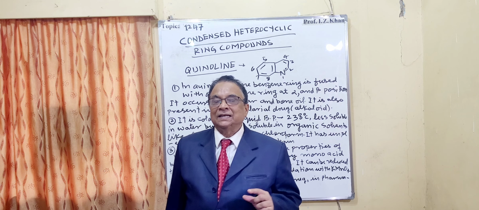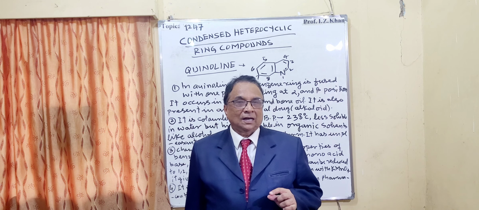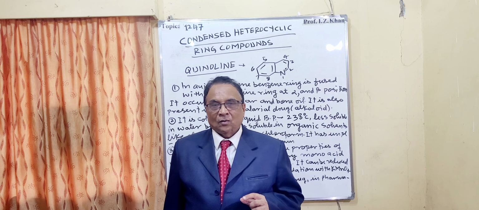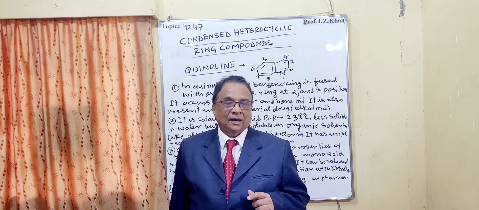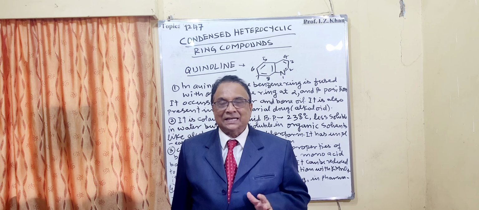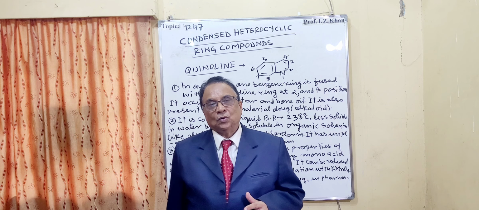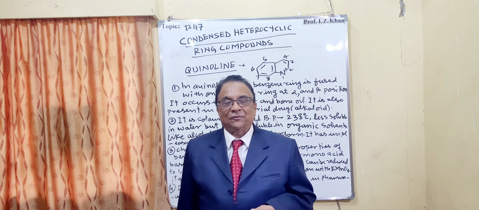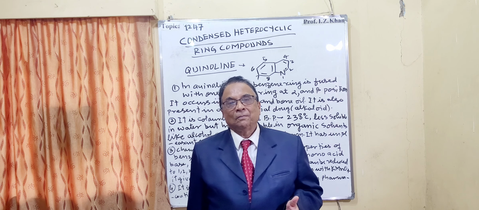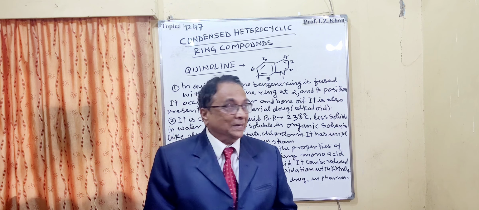And since pyridine has one nitrogen, and that nitrogen has one pair of electrons, it is basic in nature. It has the ability to share one pair of electrons which is easily available. That's why it has basic character.